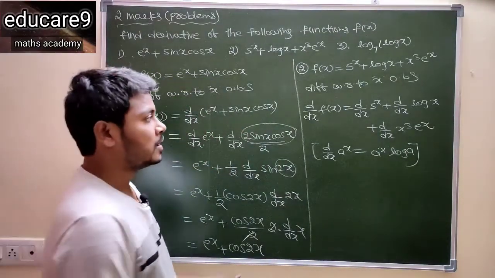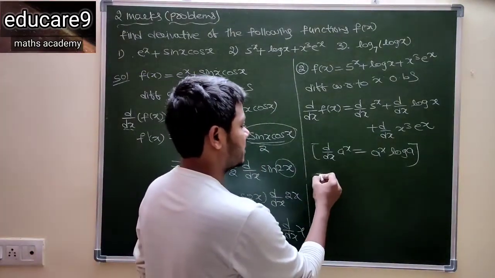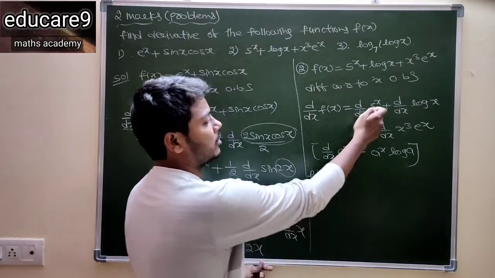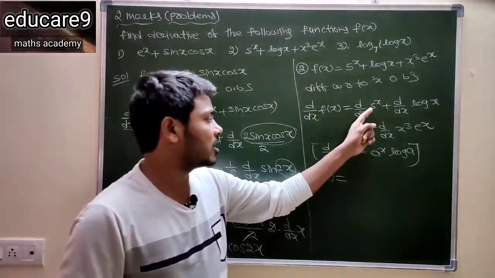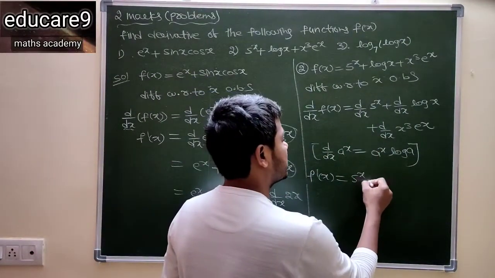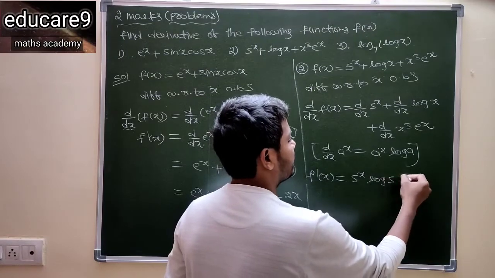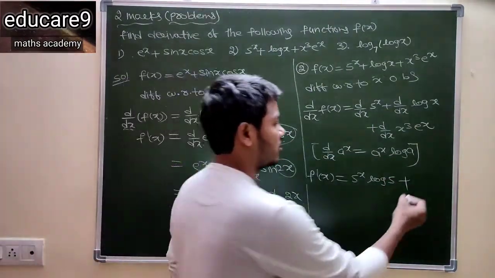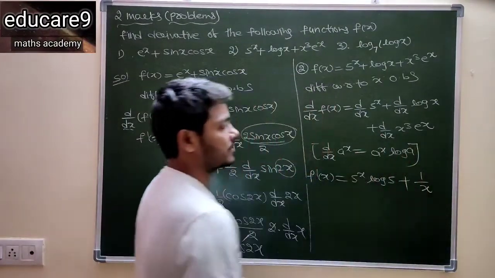Now this can be written as f dash of x is equal to the derivative of 5 power x. In place of a, the constant 5 is there. So this can be written as 5 power x log 5 plus the derivative of log x. So you know that is 1 by x.